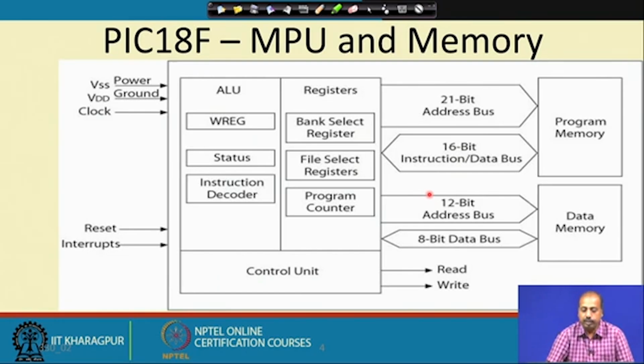And we have the registers, like the bank select register, so you can select the alternate register bank. You can have file select registers, and there are some special function registers that can be selected by that. Just like in the 8051, the registers are also part of memory. So here also, registers form part of the memory, and there is no other CPU register as such.